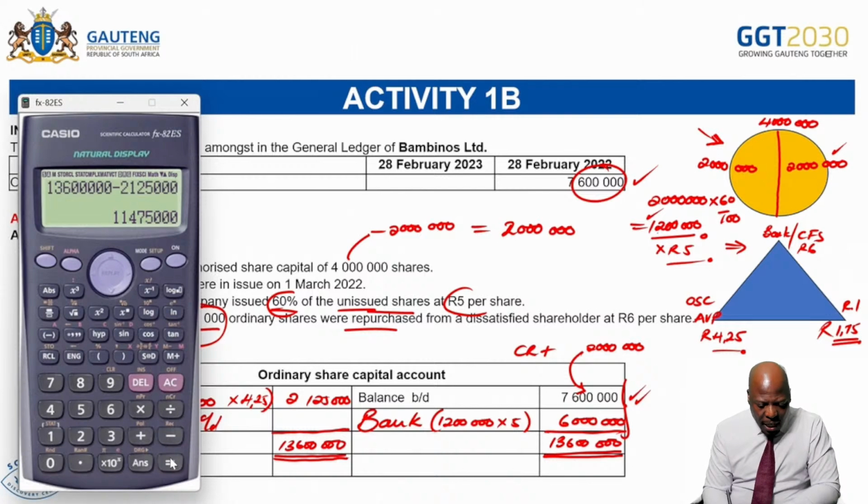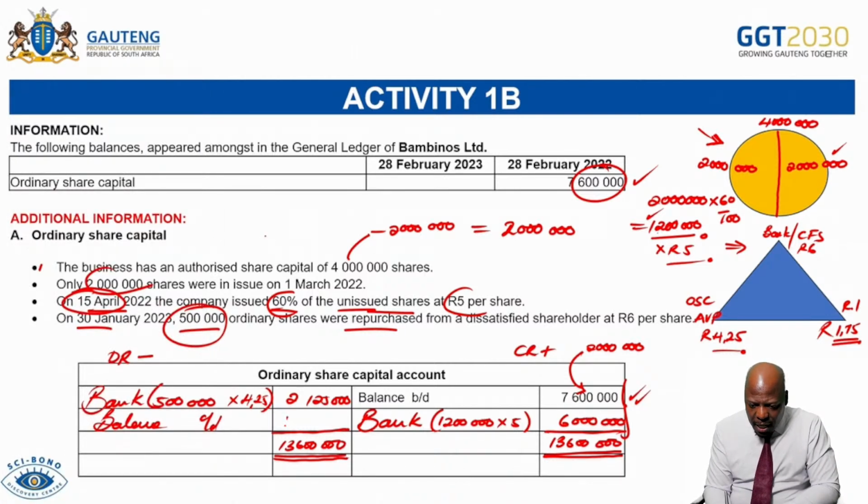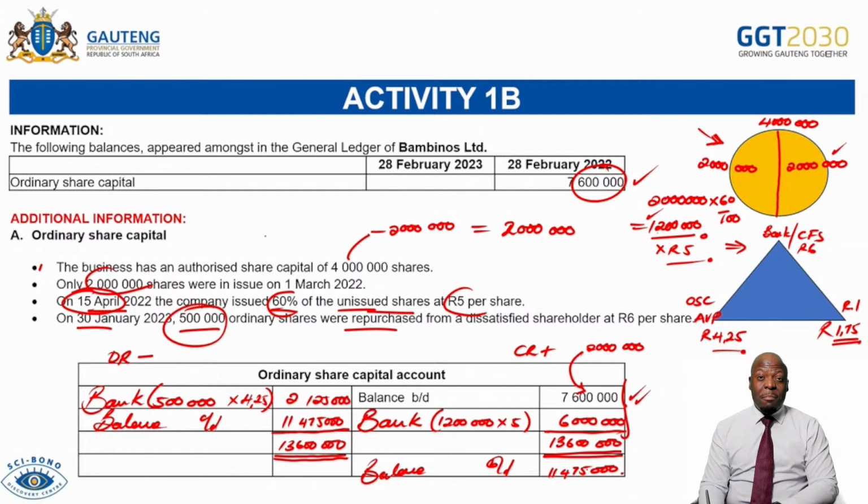That's going to give me 11,475,000, which therefore comes down here as I have my balance brought down. 11,475,000. That's my ordinary share capital account. Okay, we good? All right. Can I go on? Okay, so we can move on then.